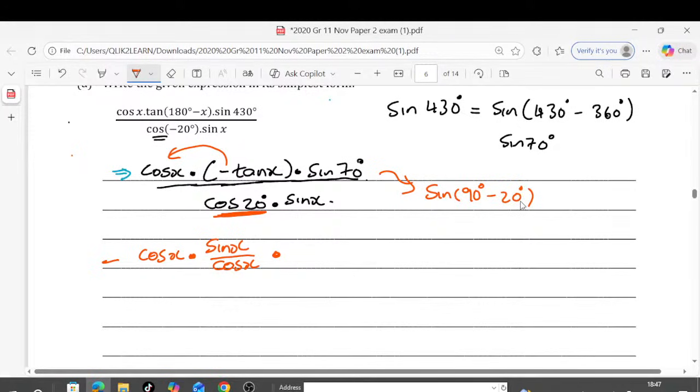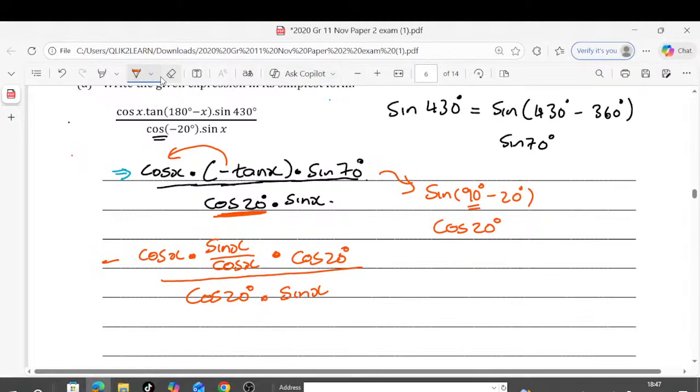When we minus, we are in quadrant 1, and this is a cofunction. Sine changes to cos. How is sine in quadrant 1? It's positive. So on top I have the cos of 20. Now I'm happy because I know that the cos 20 and the cos 20 will cancel. This is multiplied by the sine x.